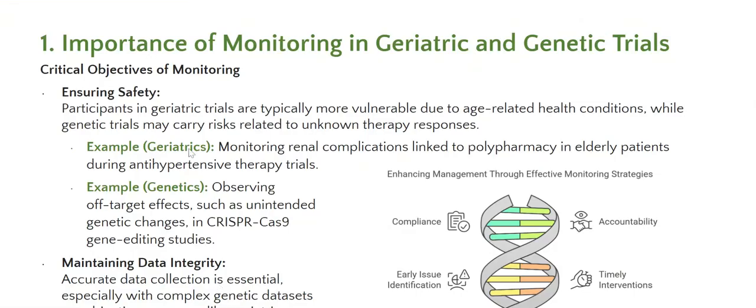Key points. We'll start with the importance of monitoring in geriatric and genetic trials, and the critical objectives of monitoring. First, ensuring participant safety, as participants in geriatric trials are typically more vulnerable due to age-related health conditions, while genetic trials may carry risks related to unknown therapy responses.